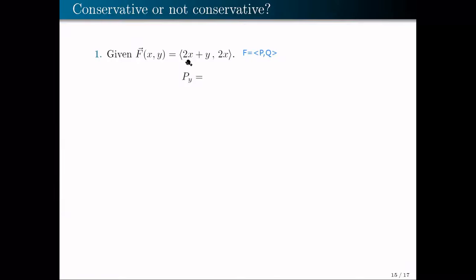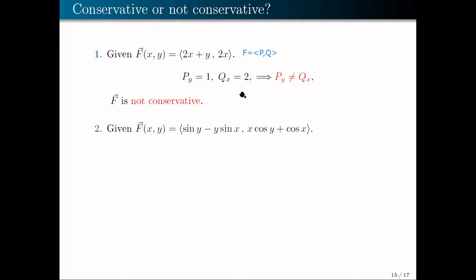Py equals the partial derivative of 2x plus y with respect to y, which is equal to 1, and Qx is equal to the partial derivative of 2x with respect to x, which is 2. Since they are not equal, we say that F is not conservative. It's that easy.